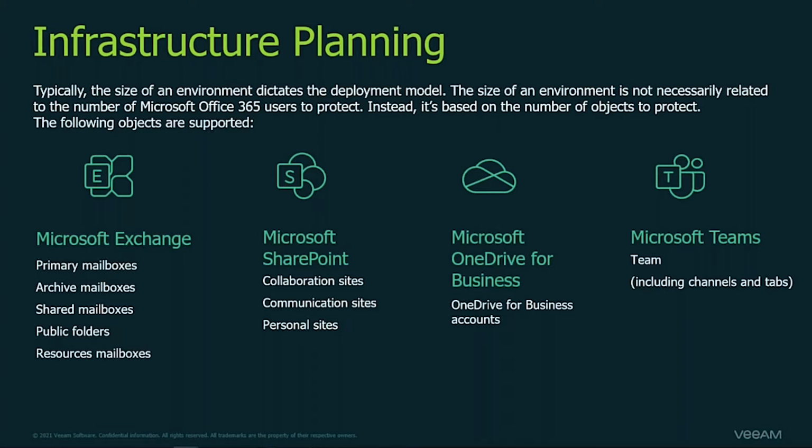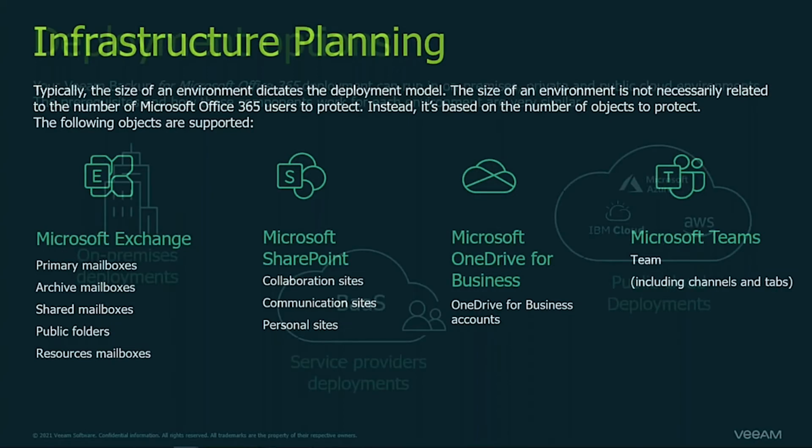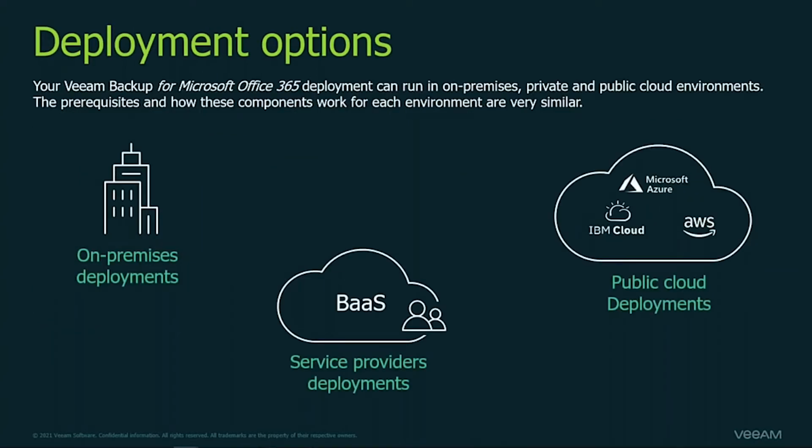Next, we'll cover the places that you can install the software, because it's not just your on-premises environment which will take the installation of Veeam Backup for Microsoft Office 365. You can actually deploy directly from the Microsoft Azure Marketplace, as well as the AWS Marketplace, to install Veeam Backup for Microsoft Office 365 ready to go.